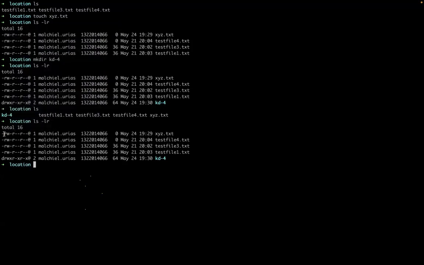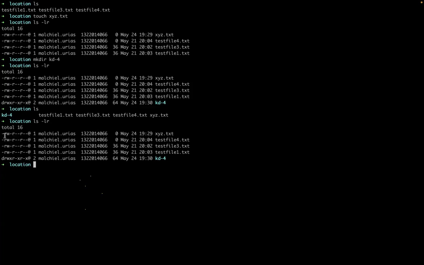Ignore this first dash. These first three permissions belong to the user, the owner of the file. The next three belong to the group. The last three belong to others.